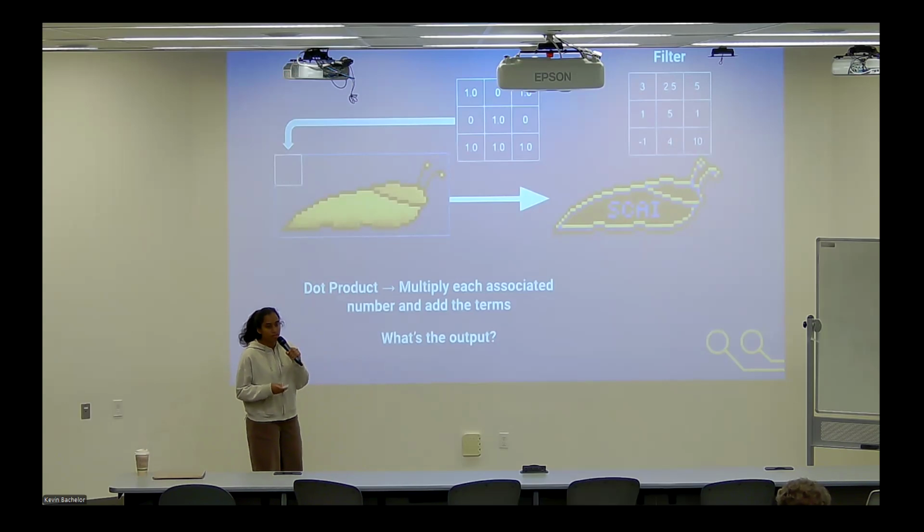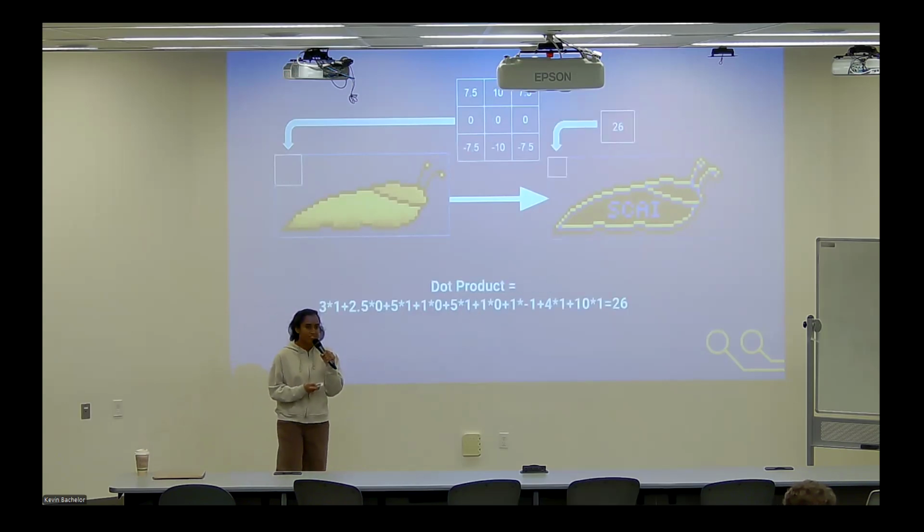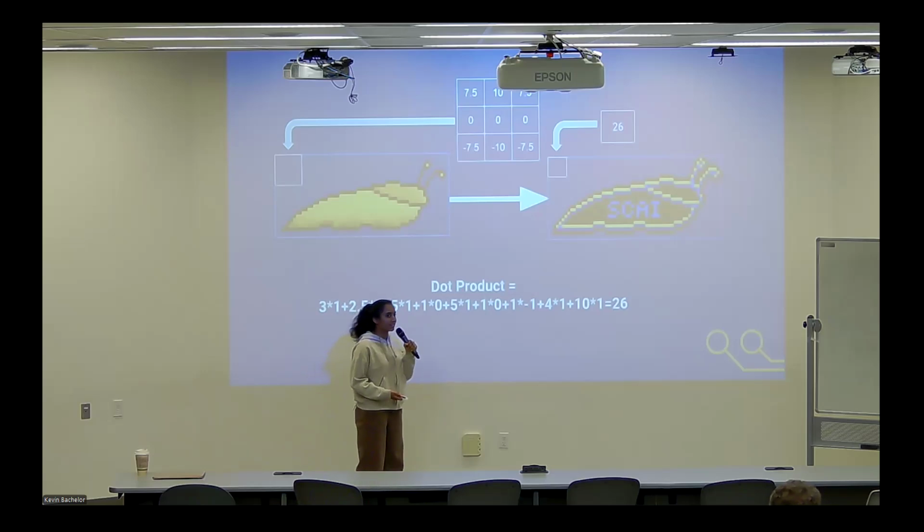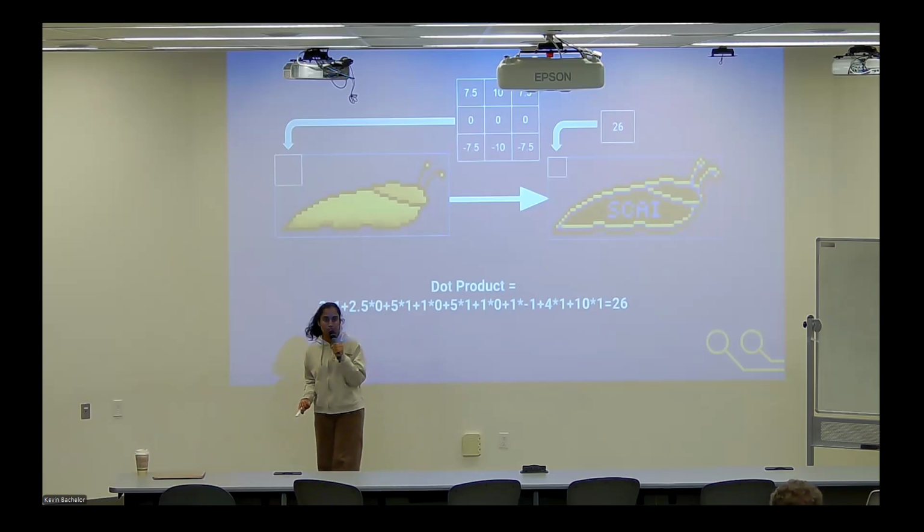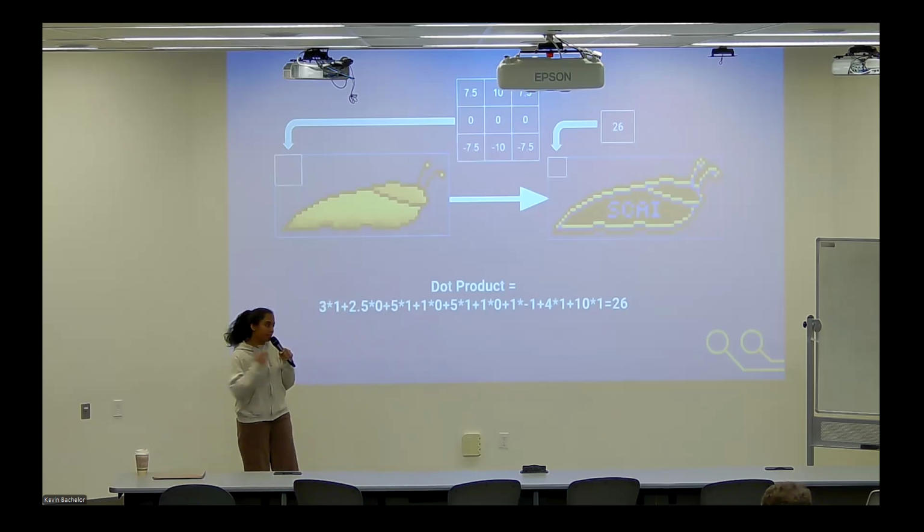Yeah, that's right. Good job. So the value of our new pixel is now 26, and that's basically what a convolutional neural network does. The filter just convolves through the image and keeps calculating dot products and uses that to track patterns.